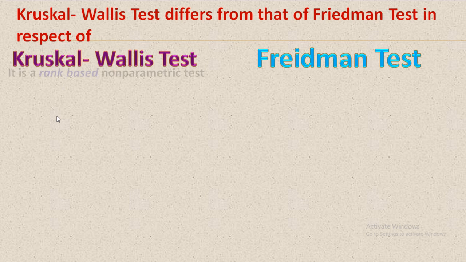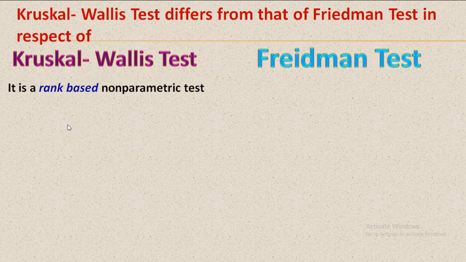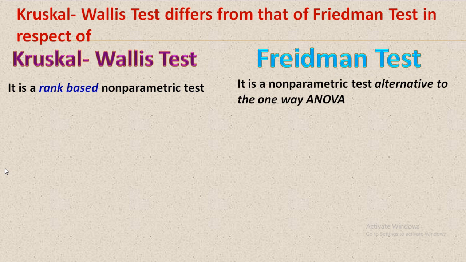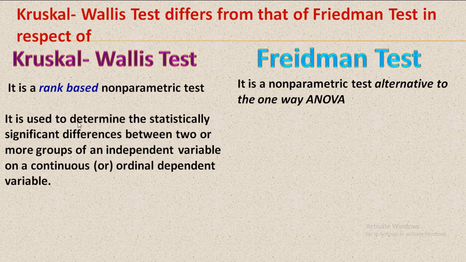Kruskal-Wallis test is a rank-based non-parametric test, and Friedman test is a non-parametric test alternative to the one-way analysis of variance. The Kruskal-Wallis test is used to determine the statistically significant differences between two or more groups of an independent variable on a continuous or ordinal dependent variable.